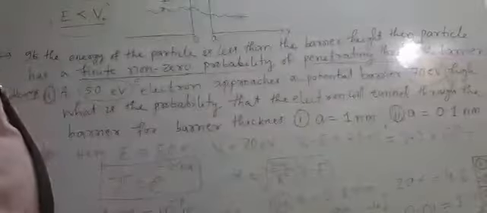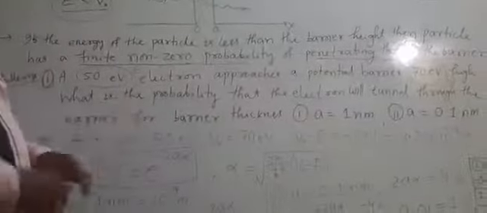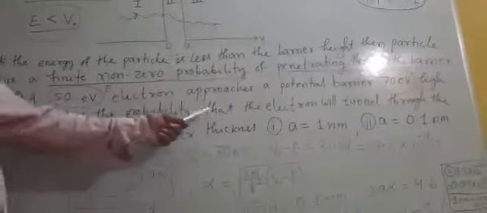The energy of the particle is 50 eV and the barrier height is 70 eV. What is the probability that the electron will tunnel through the barrier for the barrier thickness?